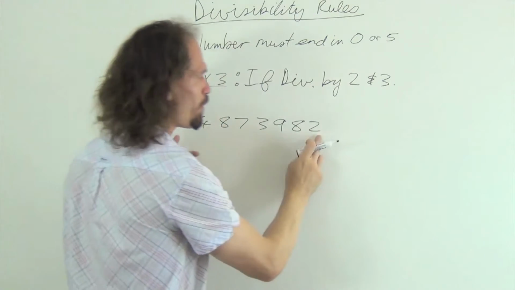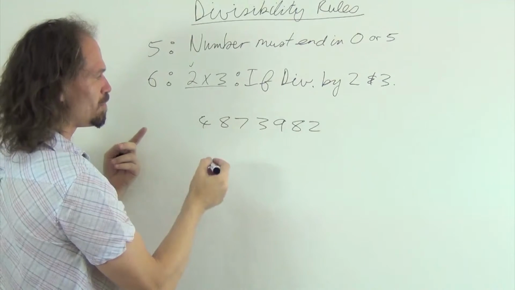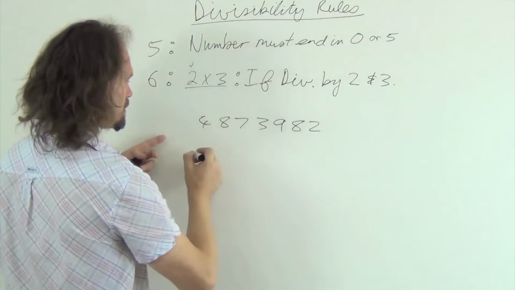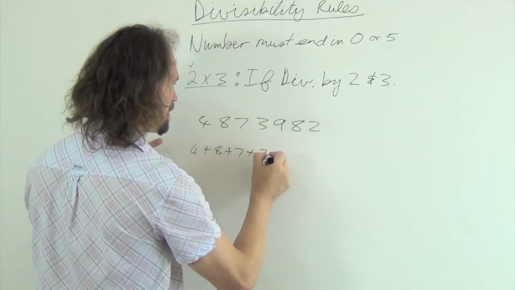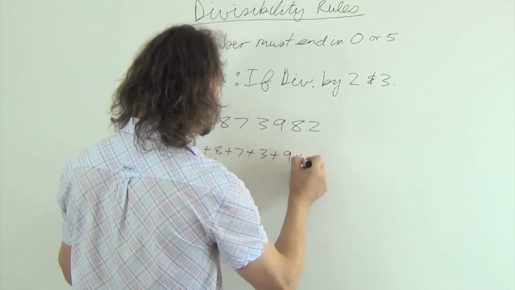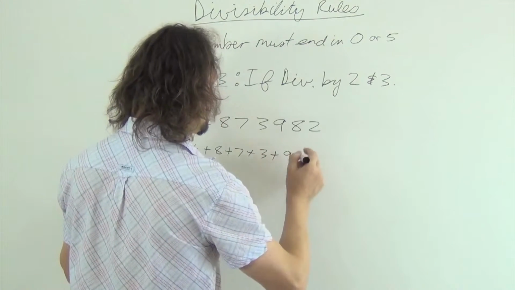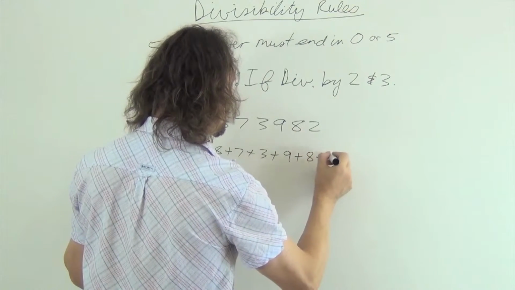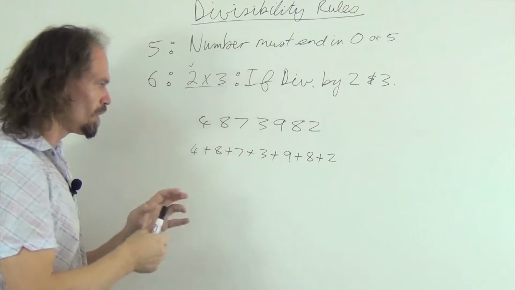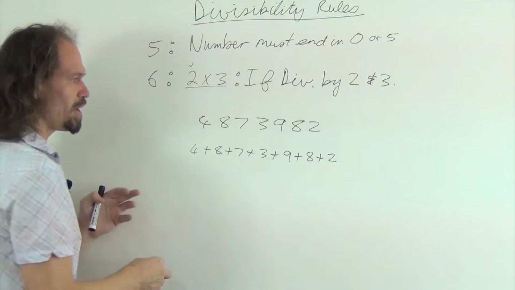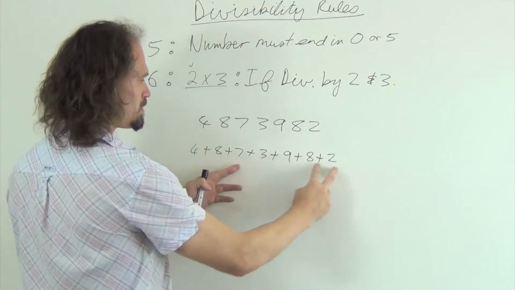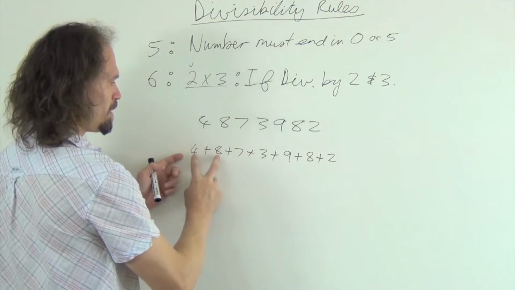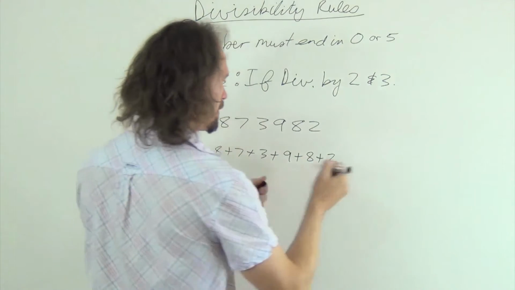Now we need to check for 3. What's the divisibility rule for 3? Add all the digits. So I go 4 plus 8 plus 7 plus 3 plus 9, not times, plus 8 plus 2. Now, what do we do there? I go 2 plus 8 is 10, 3 plus 7 is another 10, so 10 plus 10 is 20, 32, 41.